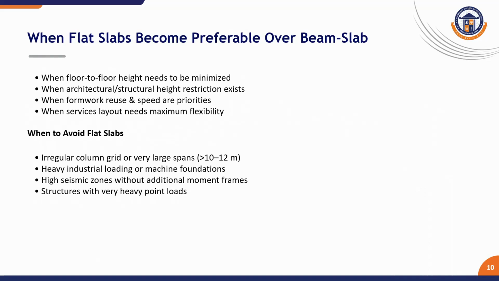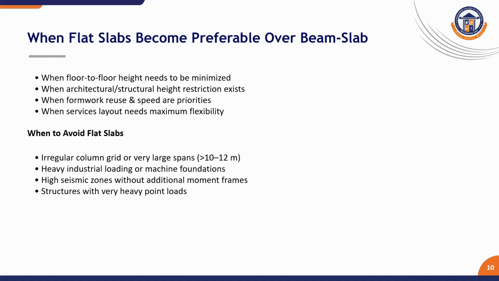When does flat slab become preferable over the beam slab? When floor to floor height must be minimized, when architectural or structural height restrictions exist, when formwork reuse or speed are priorities, and when services layout needs maximum flexibility.